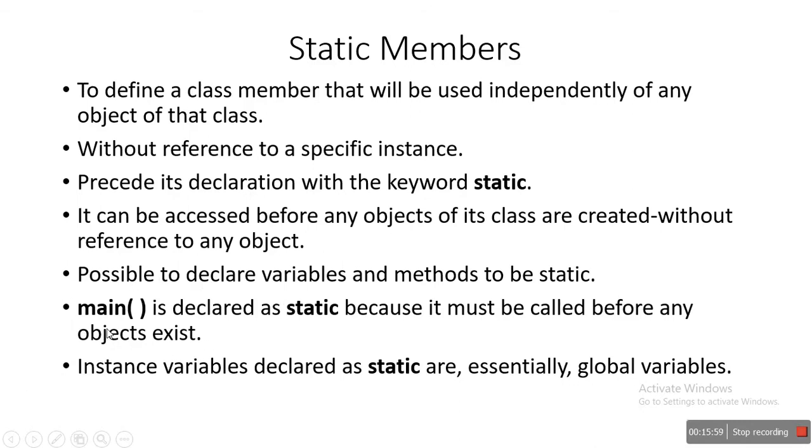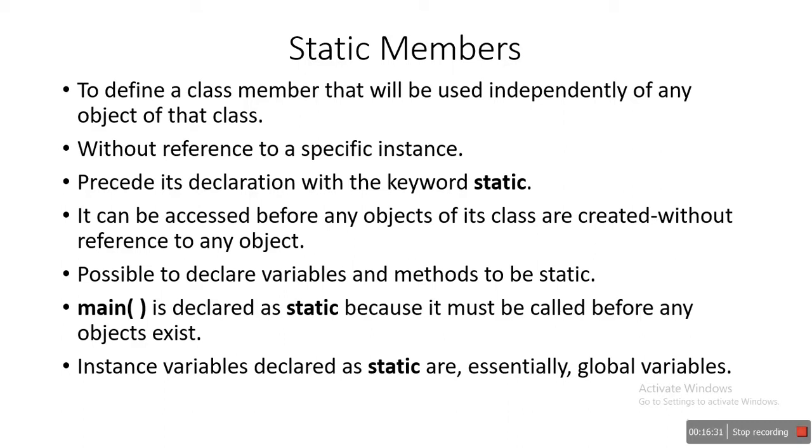As I said at the beginning of this session, main is always static because the main method is the starting point, or initial point, where your actual program starts execution. That is why main should always be static. That is the reason why the main method is always static, because it must be called before any object creation.